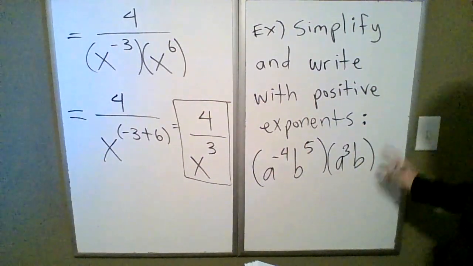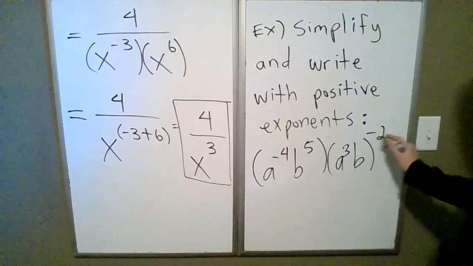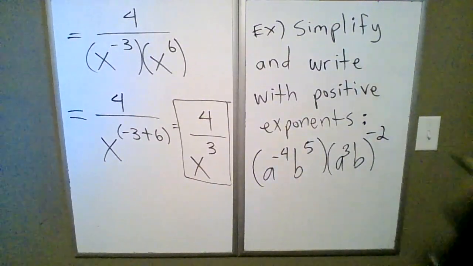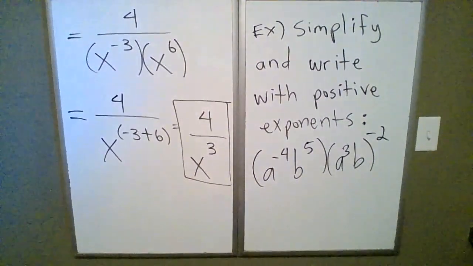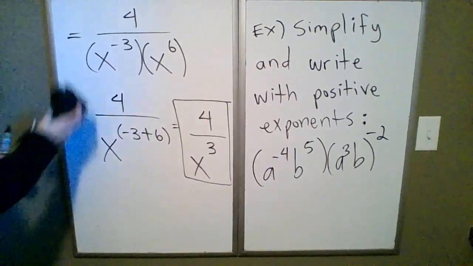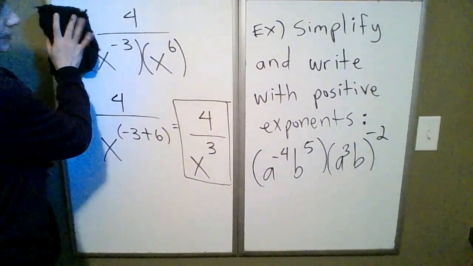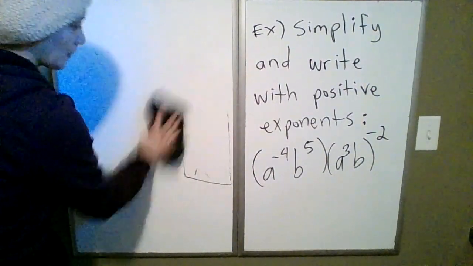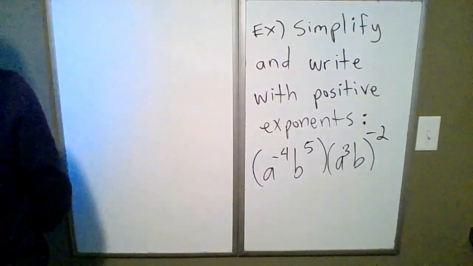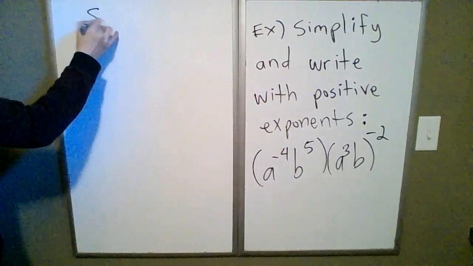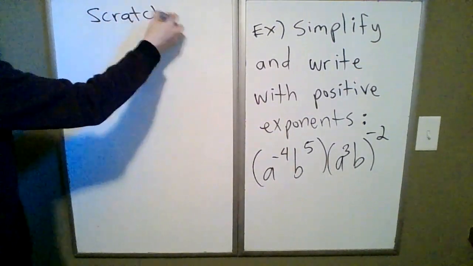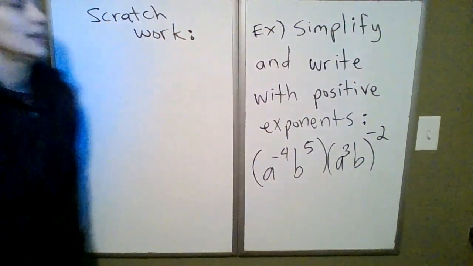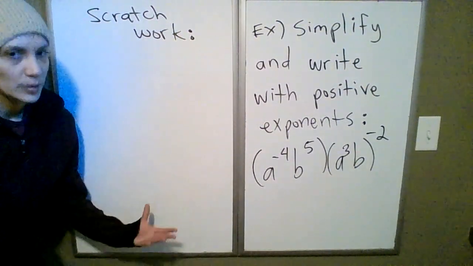A to the 3rd times b, and that has a power of -2. Okay, I'm just gonna copy it.